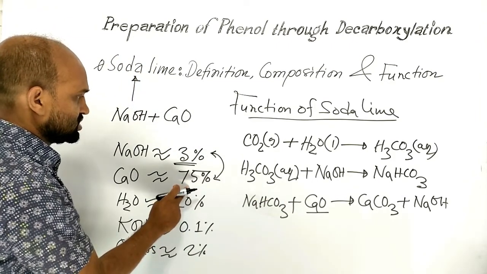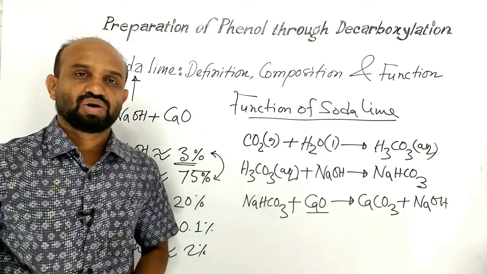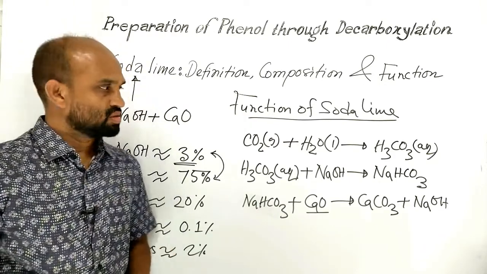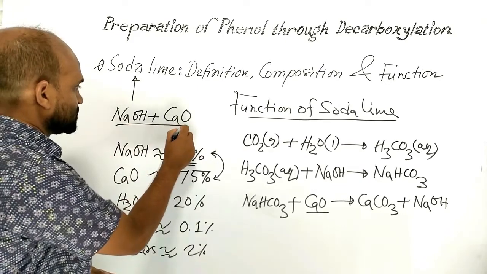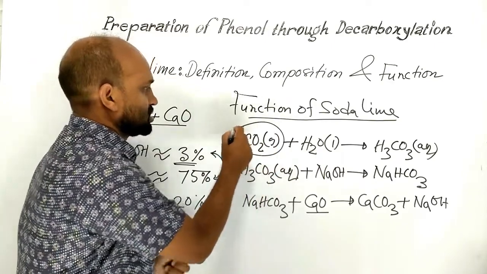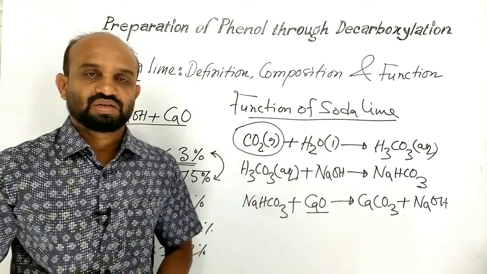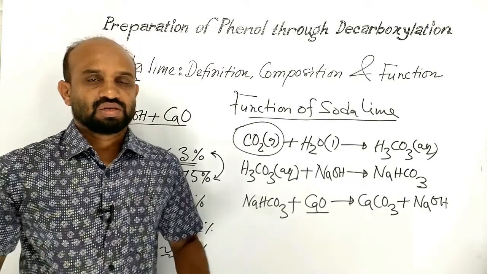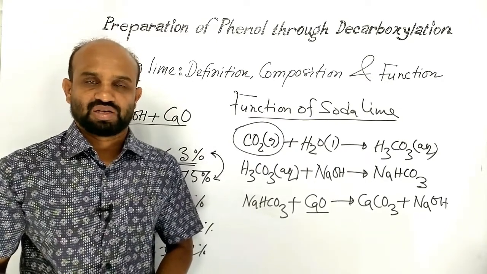So this is the reason behind the high difference in the ratio of sodium hydroxide and calcium oxide. Soda lime, a mixture of sodium hydroxide and calcium oxide, absorbs carbon dioxide gas. So simply it acts as a carbon dioxide absorbent. This is all about soda lime.